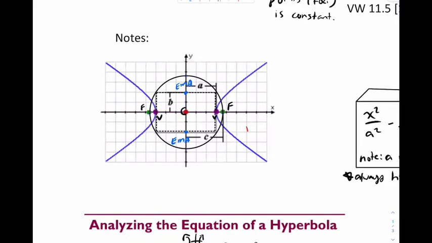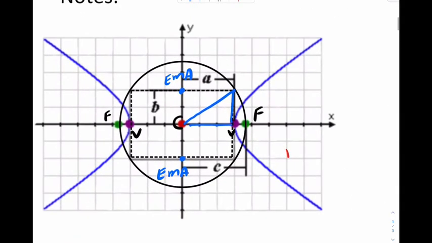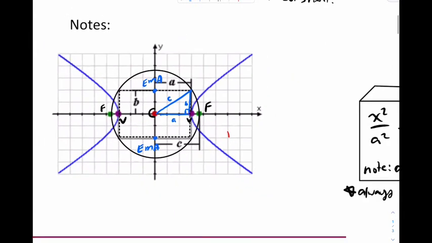And the reason you draw the circle is because right here I can see if I were to make a triangle from here to here, now I have a very nice right triangle. This distance is C, this is A, and this is B, and then that proves our formula. That's a relationship between A, B, and C.